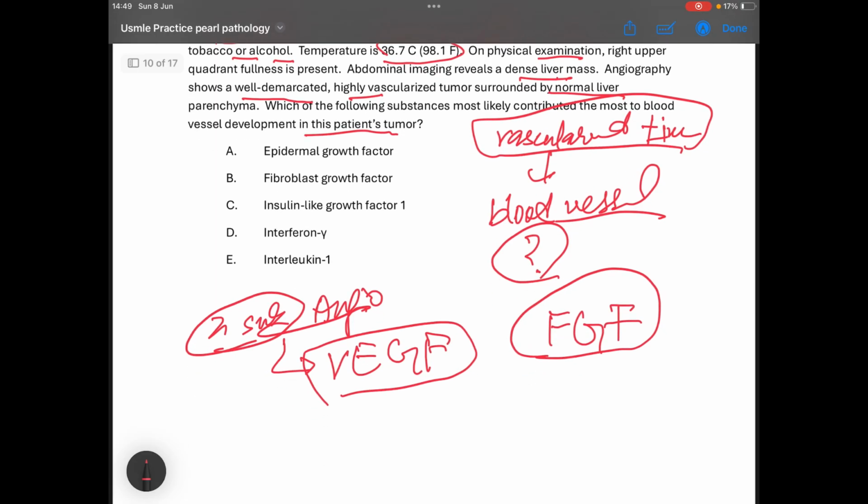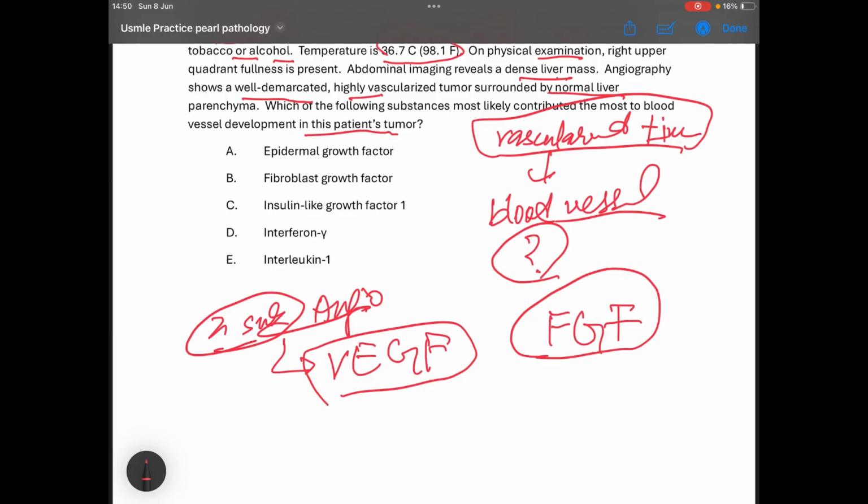It is also responsible for angiogenesis, and it produces a wide range of effects on cells, including endothelial cell proliferation, migration, and differentiation, and it plays an important role in embryogenesis, guys. It is also involved in embryonic development, hematopoiesis, and wound repair by recruiting macrophages, fibroblasts, and endothelial cells to damaged tissues.